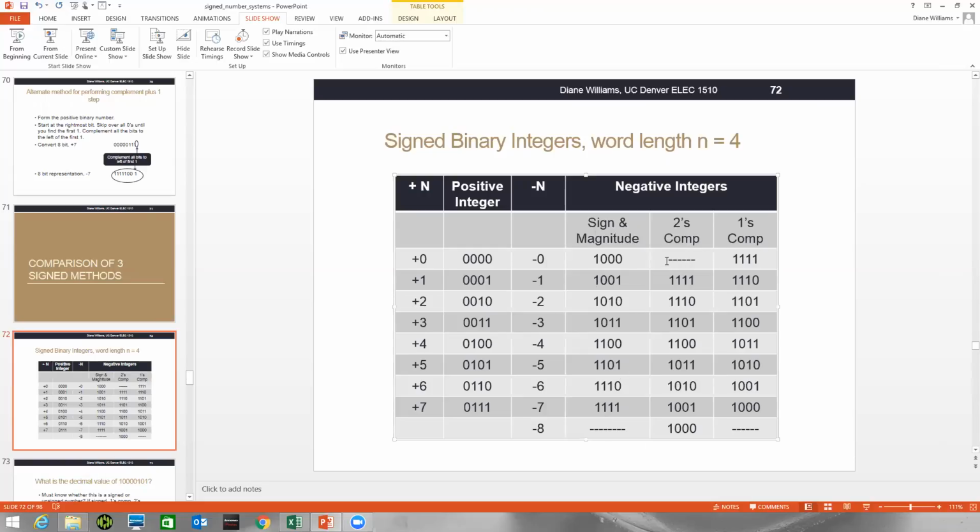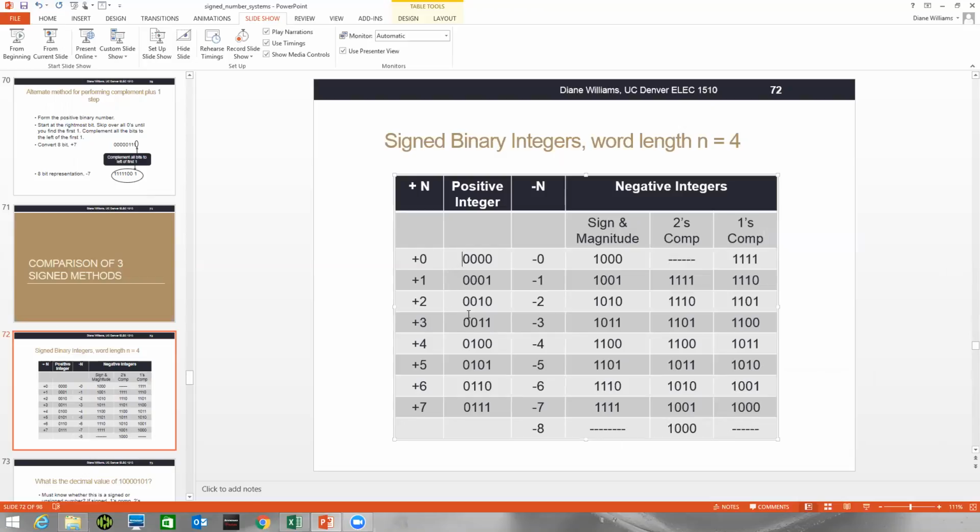With 2's complement, we don't have a -0. There is no -0, so that's why we show that as not being representative. But we have a -1 through a -8 because we have the special rules for powers of 2. In 1's complement, this is -0, and this is -7. So here's your 1's complement representation. Notice with 4 bits, once again, in 1's complement we can't represent -8.